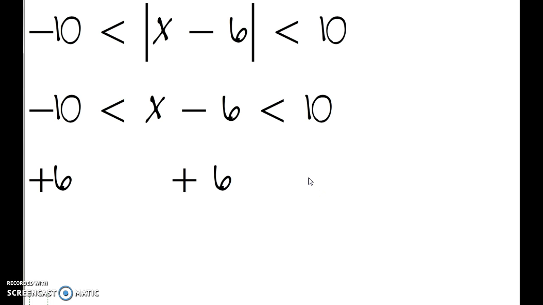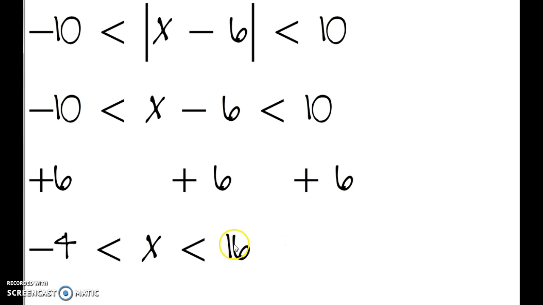You must put it on all 3 portions. So once we've added 6 to all of these sides of the inequality, we're going to be left with negative 10 plus 6 is negative 4, which is less than x, which is less than 16.